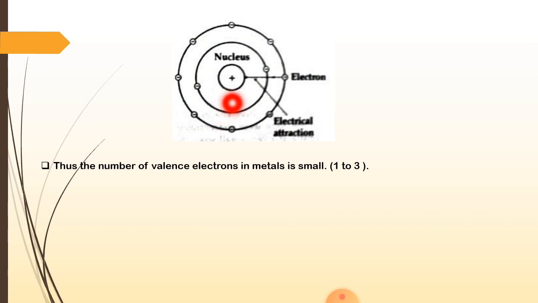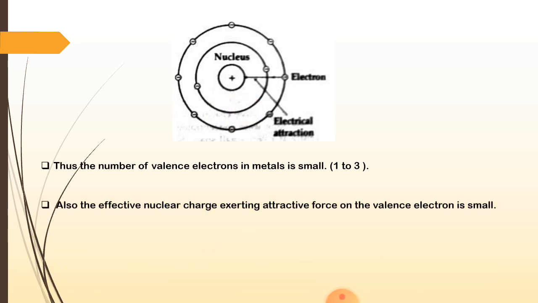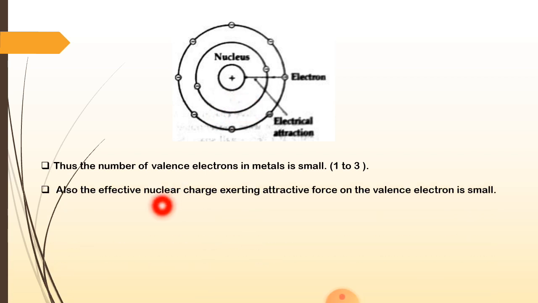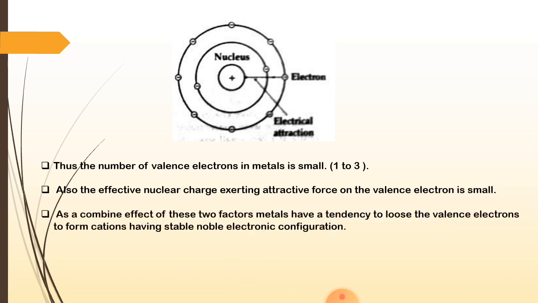Thus the number of valence electrons in metals is small. From group 1 to 3, the valence electrons are 1 to 3. Also, the effective nuclear charge exerting attractive force on the valence electron is small. As a combined effect of these two factors, metals have a tendency to lose the valence electron and form a cation having stable electronic configuration.